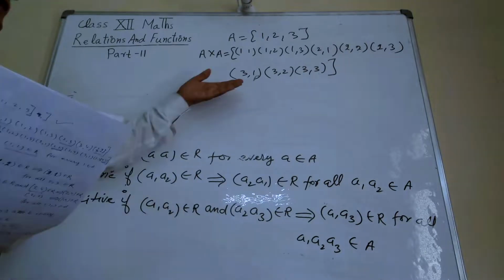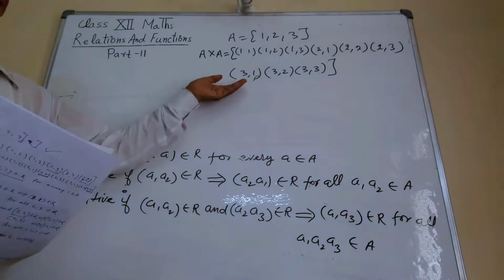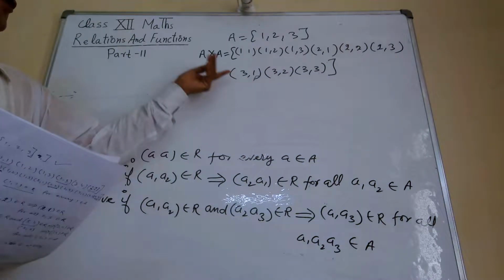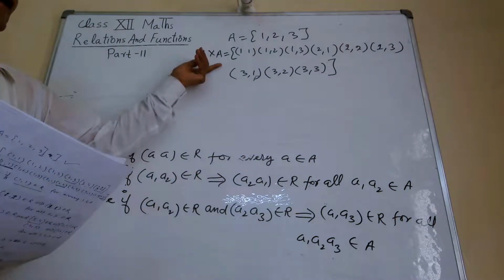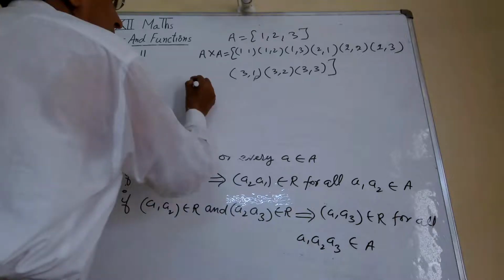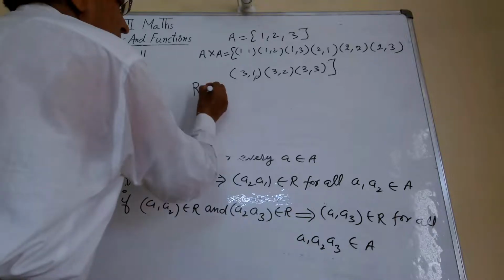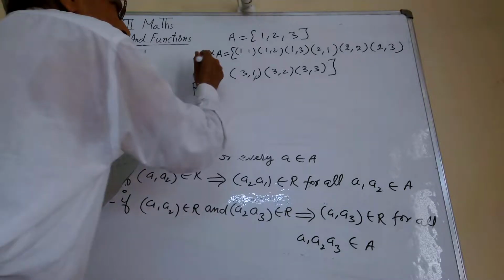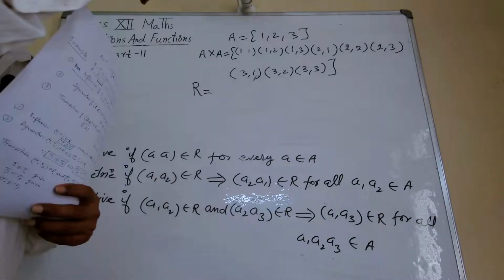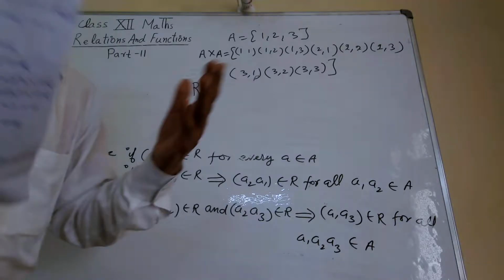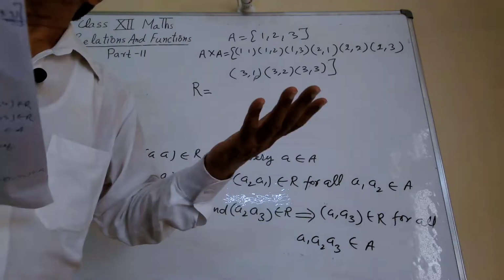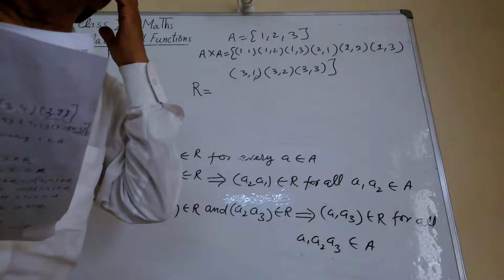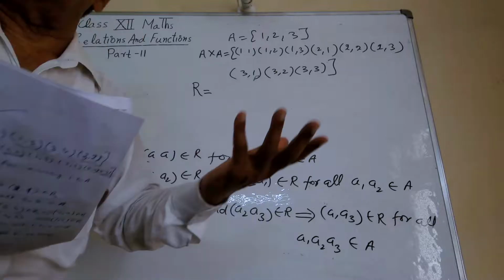Suppose this is a product of A, and R is the relation. R is the relation in this product. You know that R is a subset of any product. R is a relation of any Cartesian product, you can say.